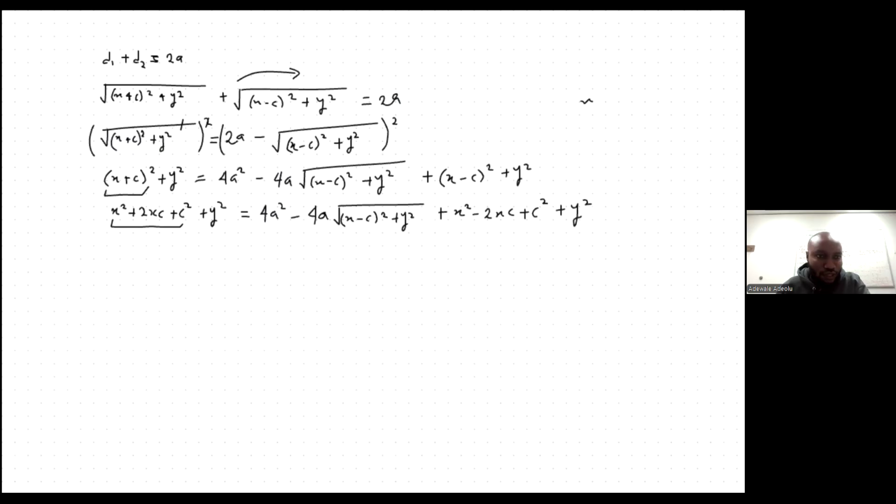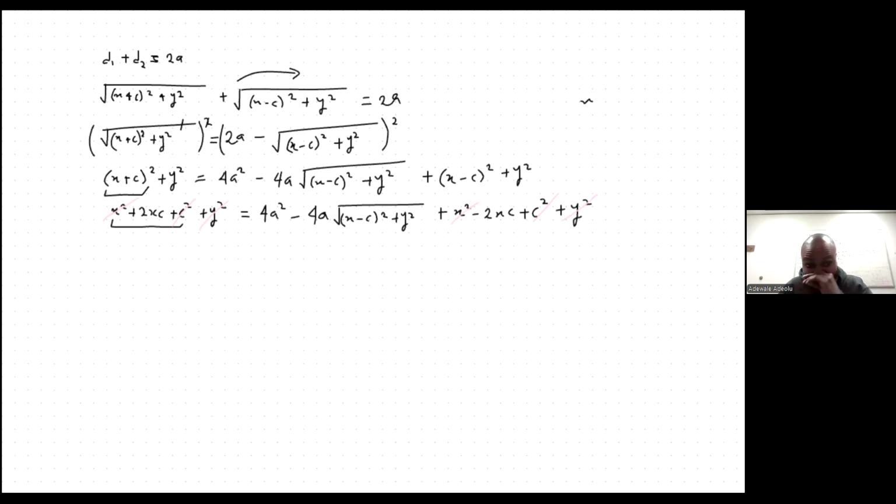I can get rid of some things. Let's see. This is x squared, this is x squared, that goes. This is c squared, this is c squared. They have the same sign, so if you move c squared to the other side, it becomes minus, and it gets rid of that. The same thing with y squared, y squared. So what do I have left? I cannot do that for 2xc because this is negative, this is positive.